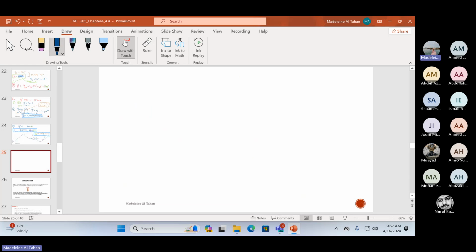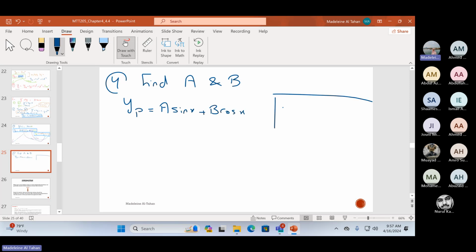Now, before this step, we need to find A, and again, whenever we want to find the constants, we need to substitute. Okay, miss? We have yp is equal to A sine x plus B cosine x. Remember, we will substitute it where?